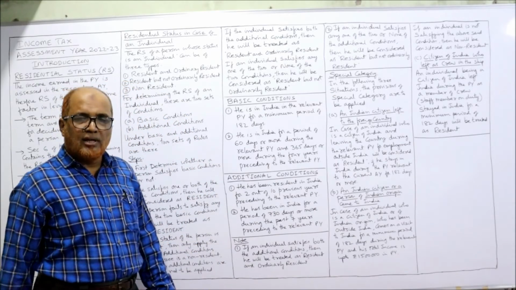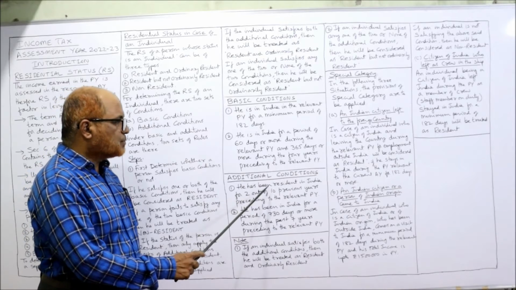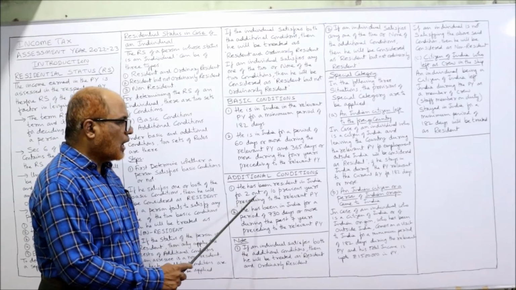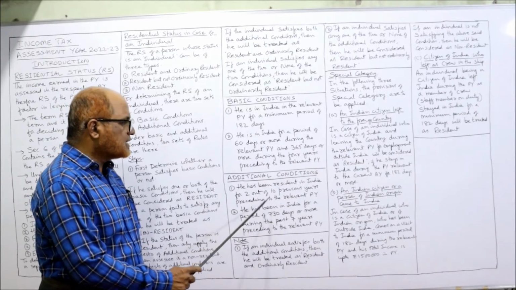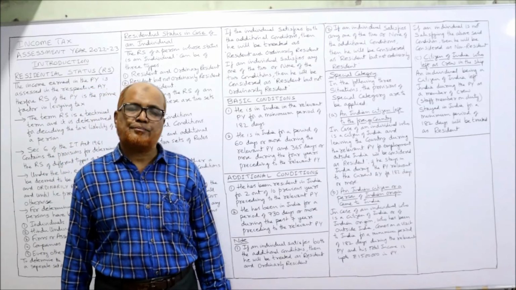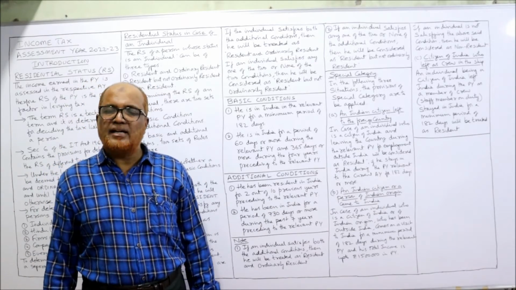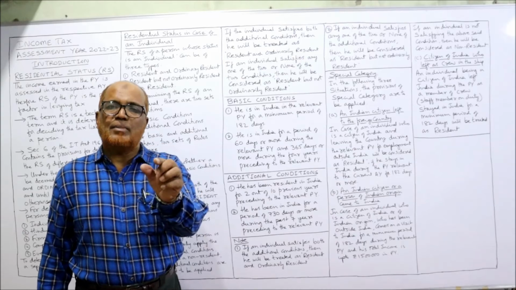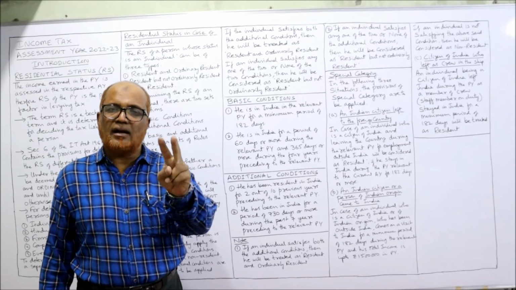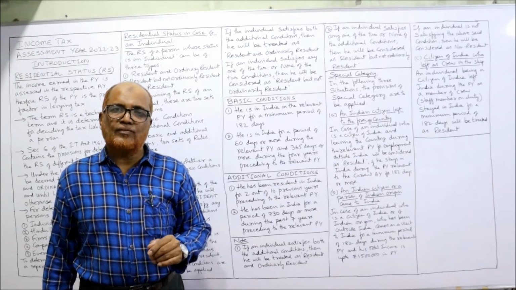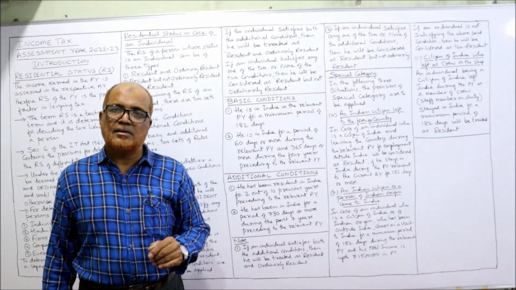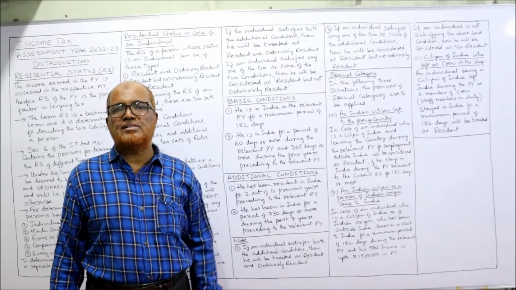Now, additional condition. The first additional condition says he has been resident in India for 2 out of 10 previous years preceding the relevant previous year. That means the SSC must be resident in at least 2 out of 10 previous years preceding the current previous year.